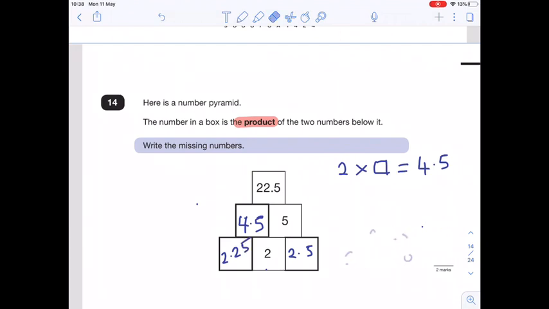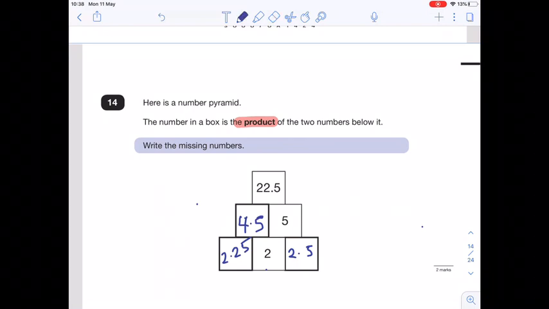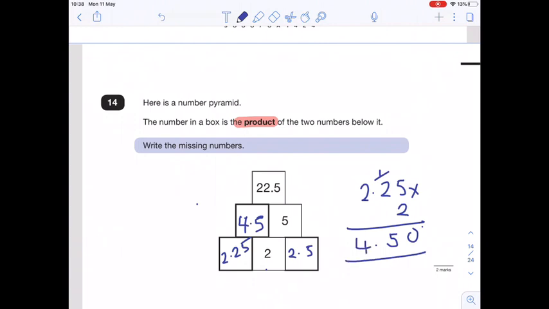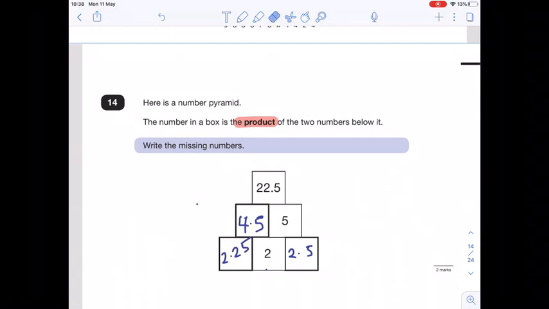Okay, now I'm going to check that one as well by doing 2.25 times 2. 2 5s are 10. 2 2s are 4, add 1 is 5. 2 2s are 4, so 4.5. Of course, 4.50 is the same as 4.5.